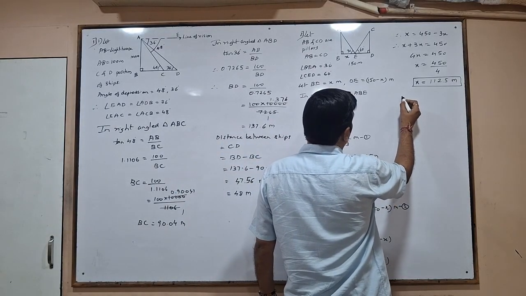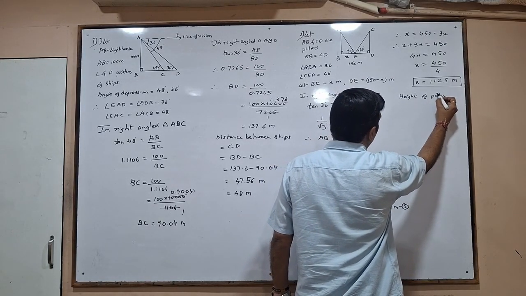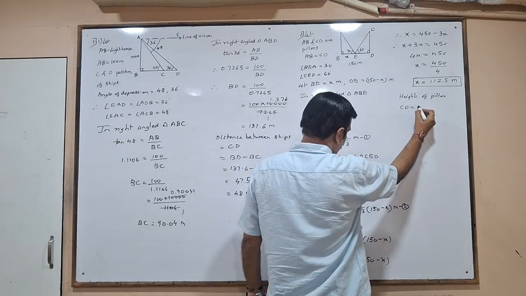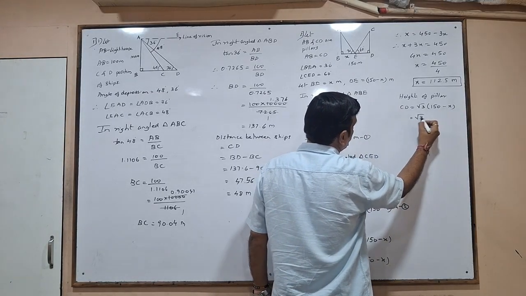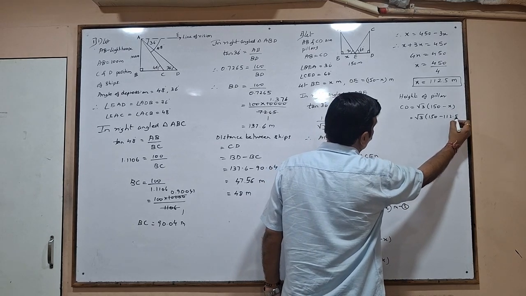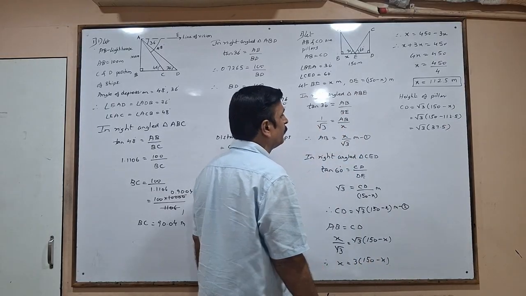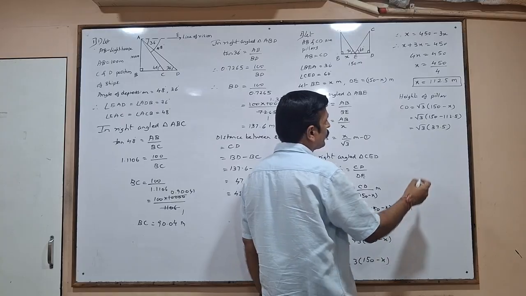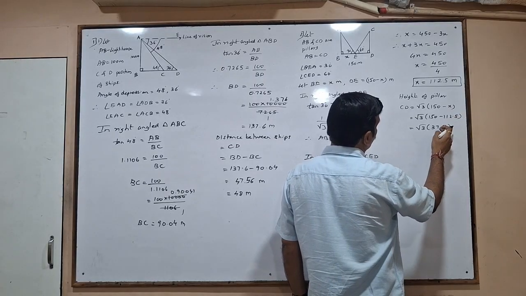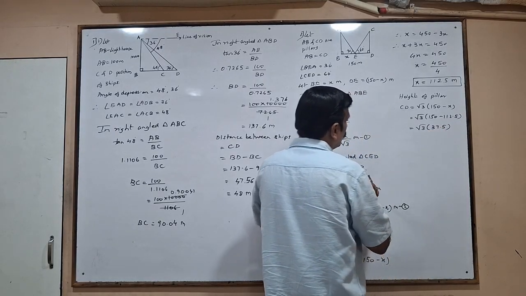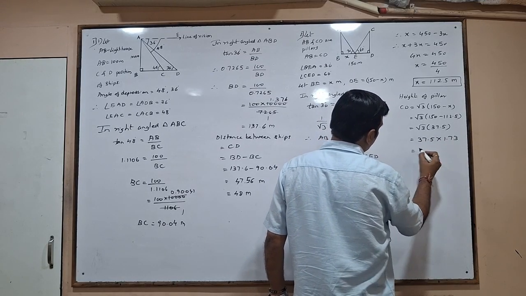So height of pillar will be root 3 into 150 minus x, root 3 into 150 minus 112.5, root 3 into 37.5. Multiply 37.5 into 1.73.